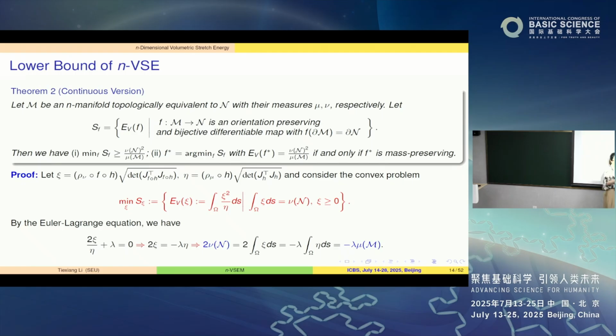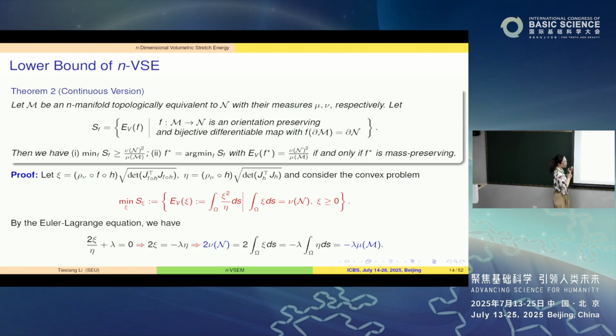We require F to satisfy this boundary condition. So we have two results here. The first result is we deduced the lower bound of the energy: this one is the mass of N squared over the mass of M. So this value is the lower bound of this energy set.